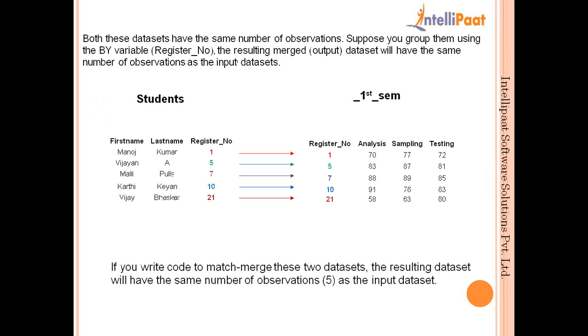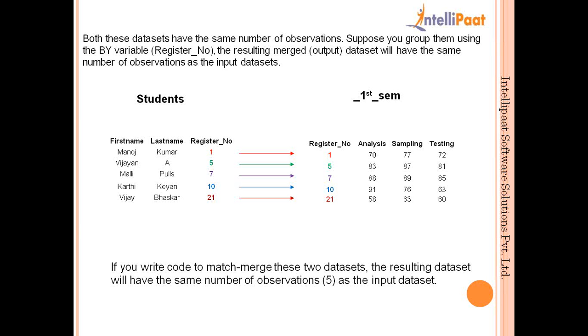Basically, both these data sets have the same number of observations. Then suppose you group them using a by variable on register number; the resulting merged output data set will have the same number of observations as the input data sets, right? Because it would be a one-to-one mapping.